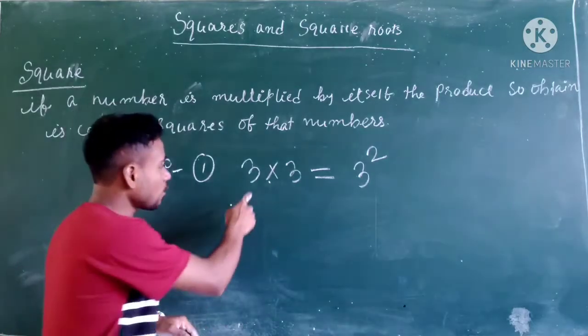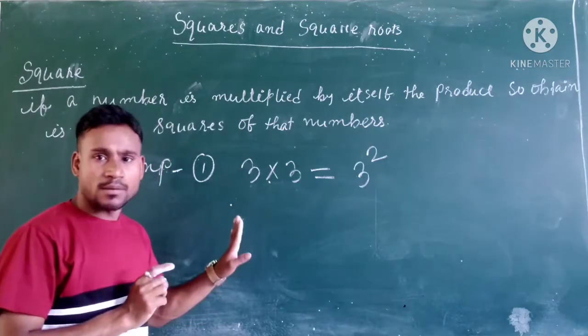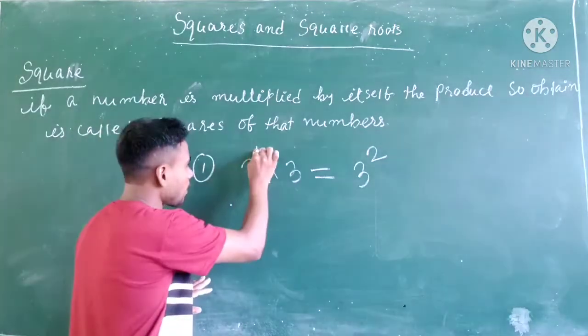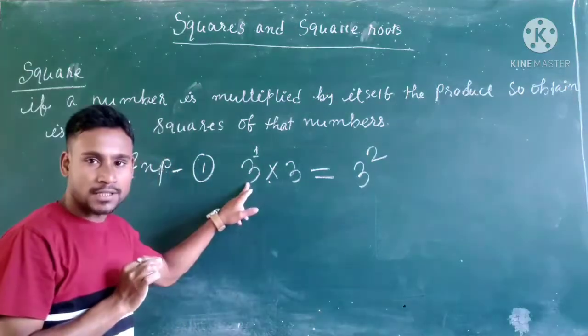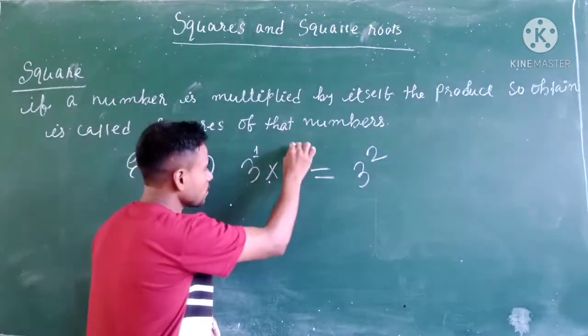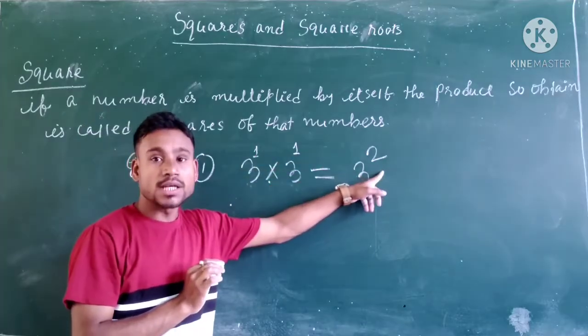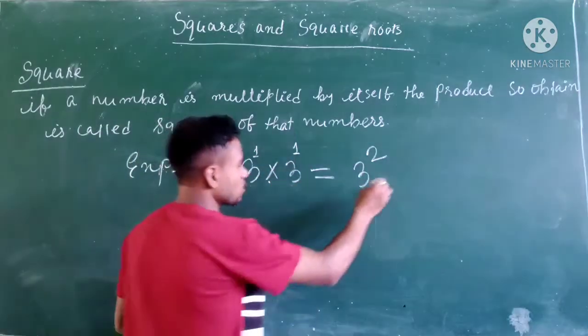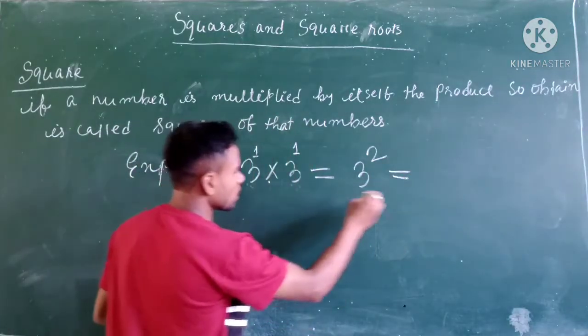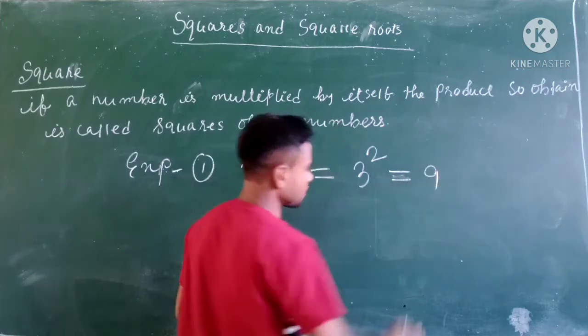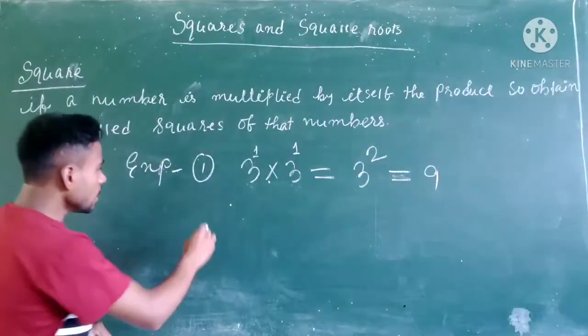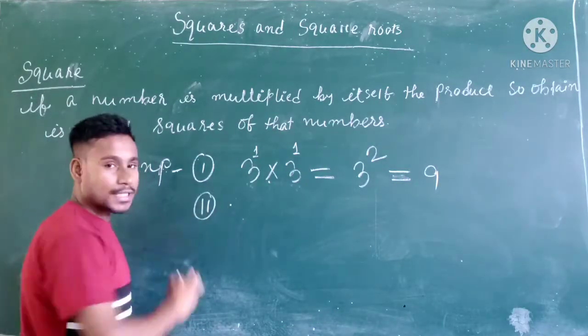Here the power of this 3 is 1 and the power of this 3 is also 1. Now 1 plus 1 gives us 3 square, and 3 into 3 gives us 9.